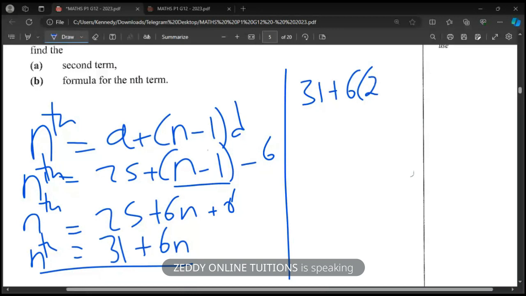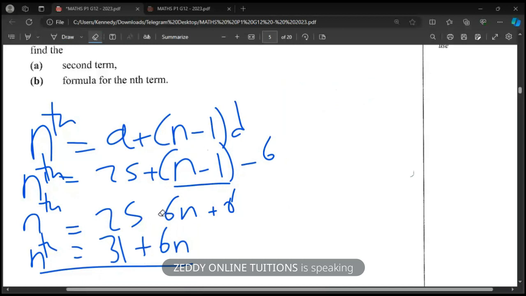Plus that. Did we go wrong anywhere? Oh, I get it. We made a mistake somewhere, guys. When multiplying negative 6 by this, how did we come up with 6n? It was supposed to have a negative here, right? So we missed it there.